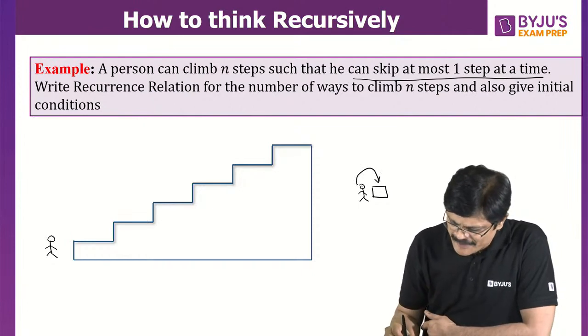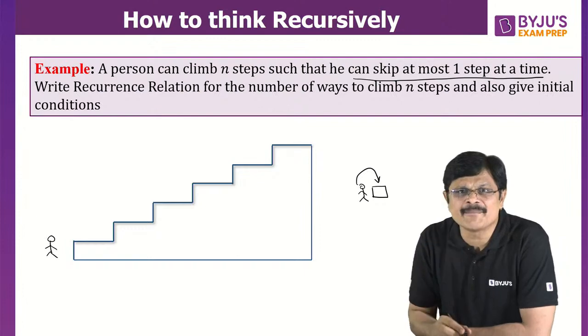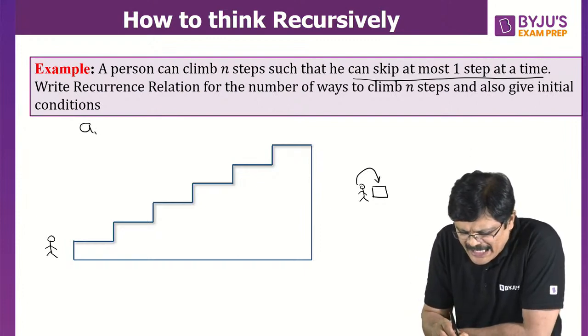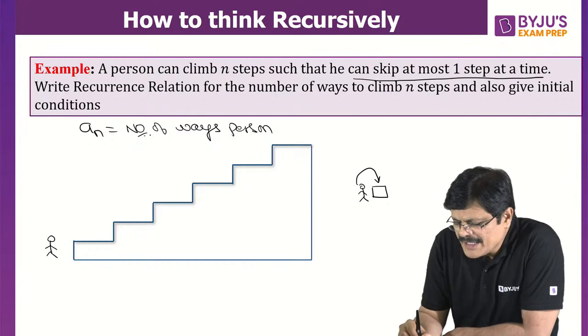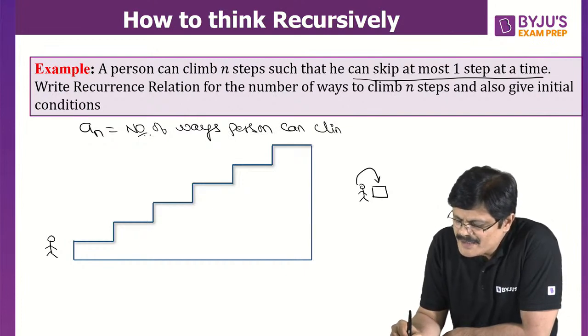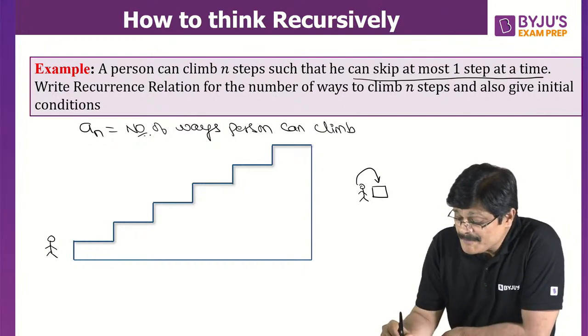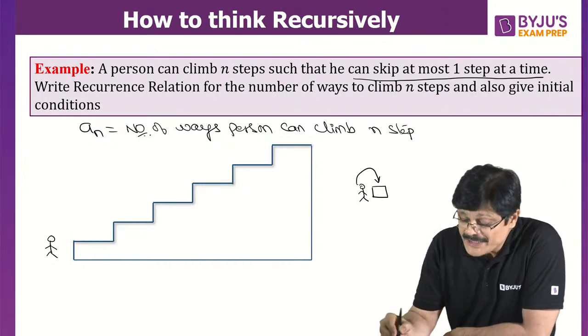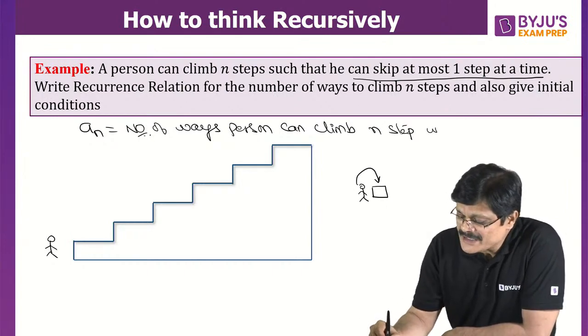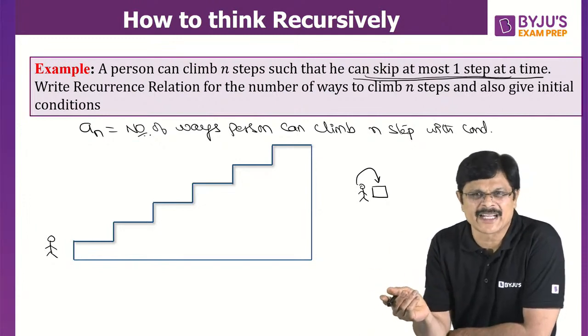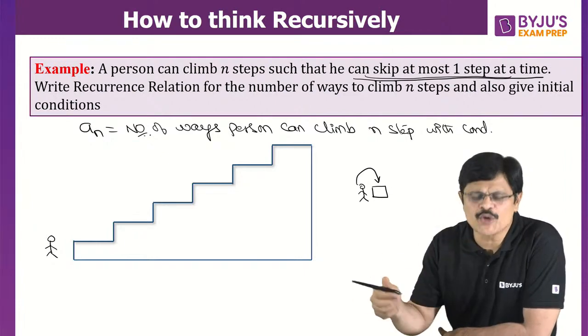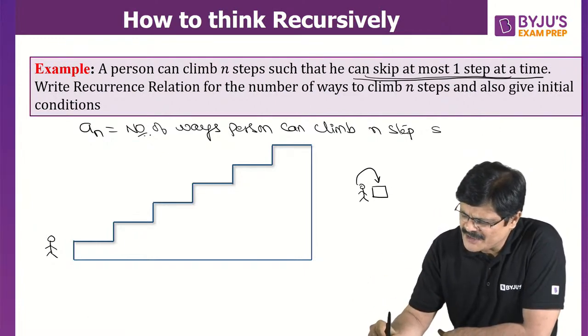Let us write some terminology: An as the number of ways a person can climb n steps with the given condition, such that he can skip at most one step at a time.